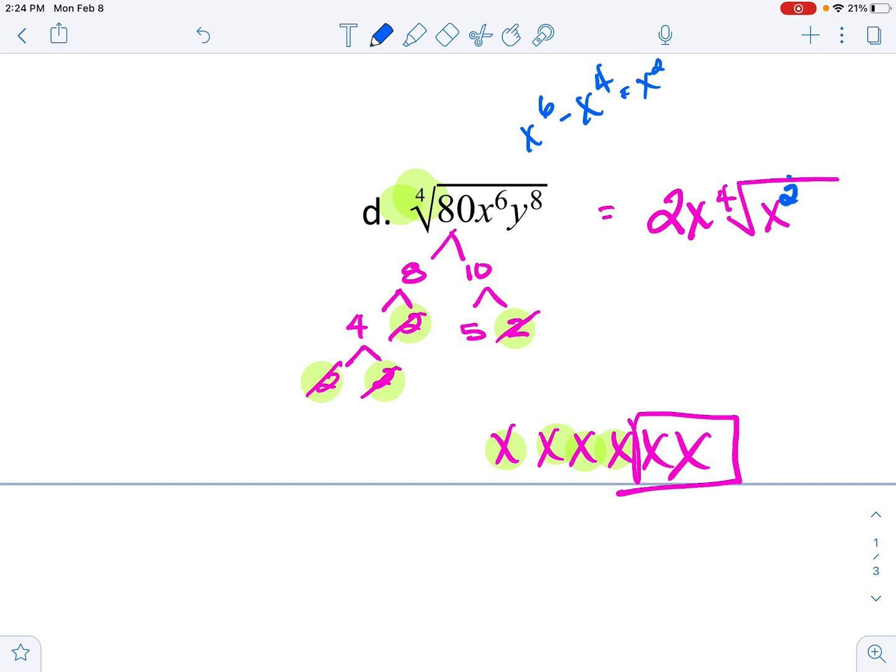Which is why it's x squared. We can do that same thing with the y to the 8th. We can recognize that y to the 8th minus y to the 4th is going to give us y to the 4th. Oh wait, but I can take out a second one. So I can take out 2 sets of 4.